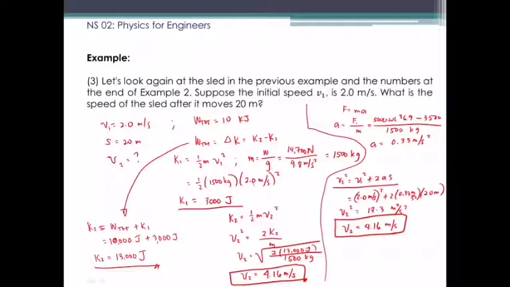We apply the acceleration to the formula for motion along the straight line, which is V2 squared is equal to V1 squared plus 2AS. You get now your V2.